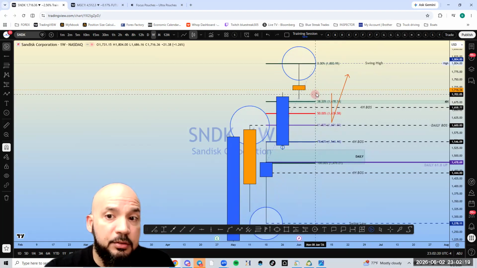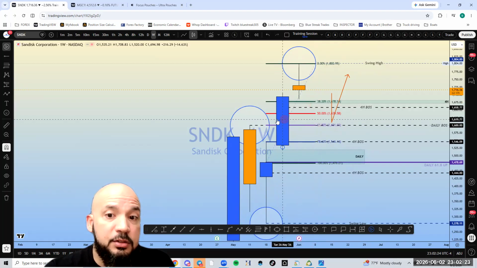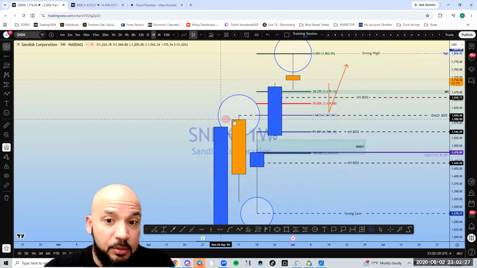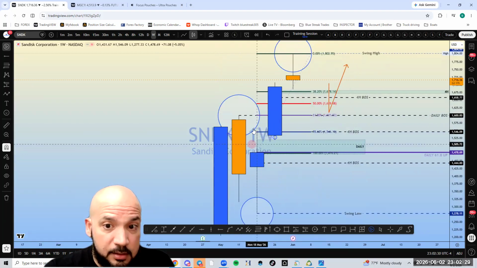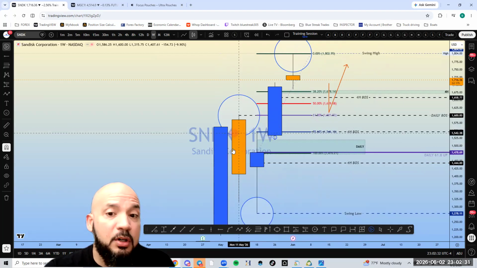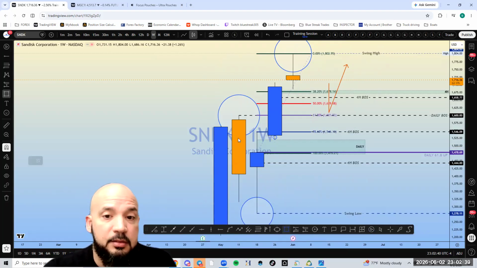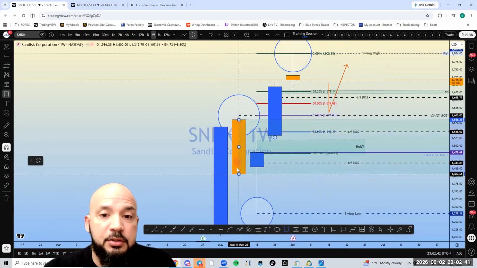And that candle could very well take the market back to the break of structure, which is also, what is this? Big weekly candle also? What do you think this is? That's a big weekly order block. Very, very strong indication.